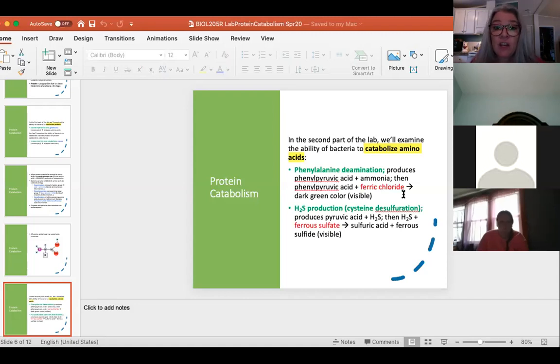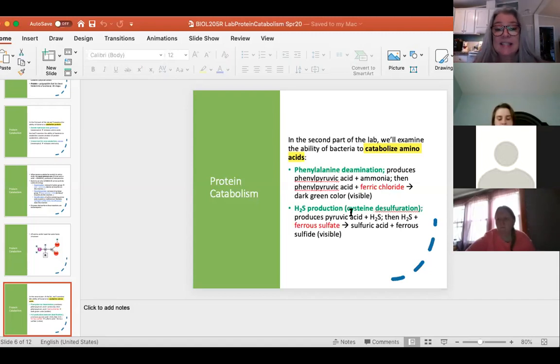When you put ferric chloride in where phenylpyruvic acid is, the two things are going to react with each other, and they're going to create a dark green color inside the tube. And of course, we can see that. So if we put the ferric chloride in and we see a dark green color, we know that our microbe has performed phenylalanine deamination.